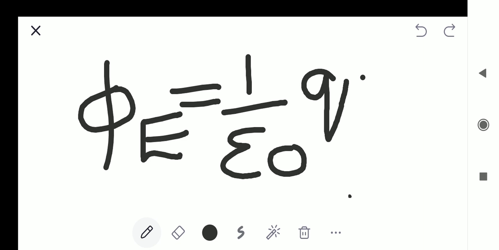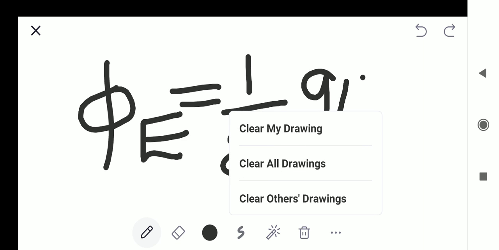In a closed surface, whatever charge is there, the flux is 1 by epsilon naught times that charge. This equation is considered the Gauss statement for a closed surface, or electric flux. So this is about the Gauss statement.